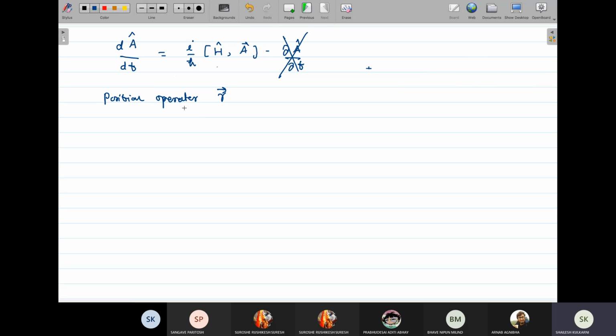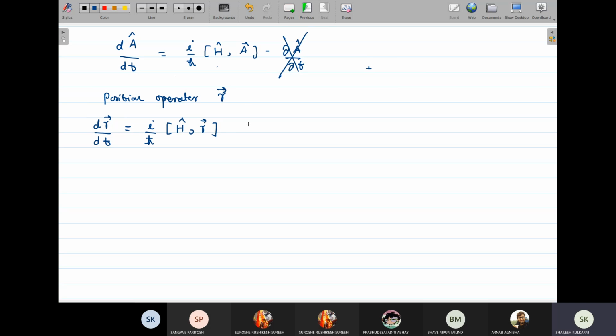But let us consider this position operator in Dirac theory and construct the time evolution of it, dr by dt. What will that be? This will be i by h cross, H with r, and it does not depend on time explicitly, hence this term will not be there.